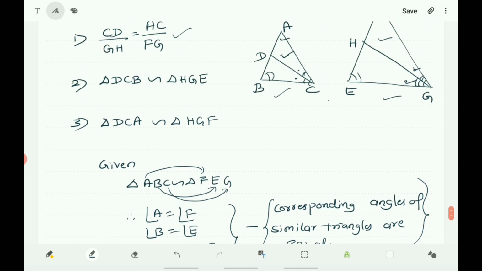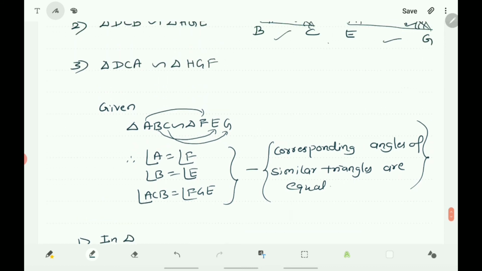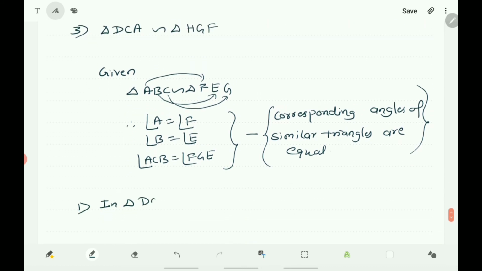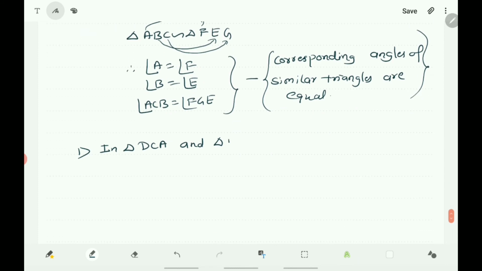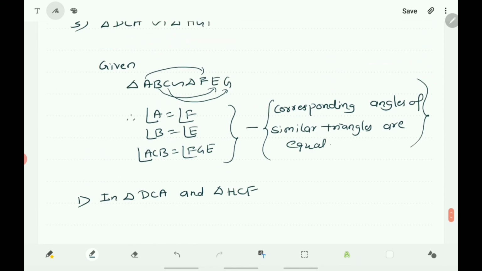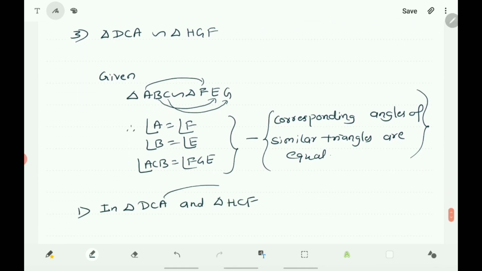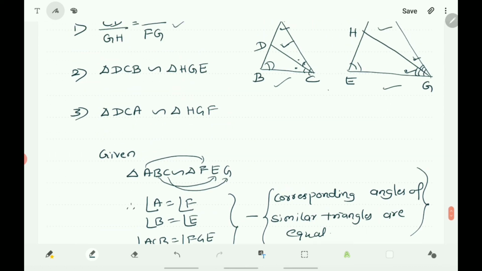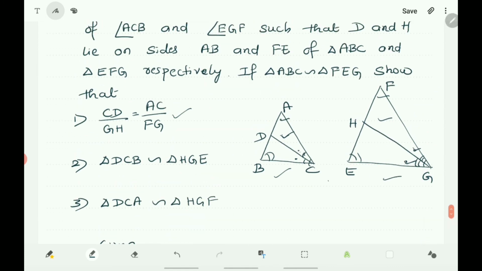So write, in triangle ACD or DCA and triangle HGF, you know that angle A is equals to angle F. That is because they are the angles of the similar triangles, and also halves of equals are equals, means you can have angle DCA is equals to angle HGF.